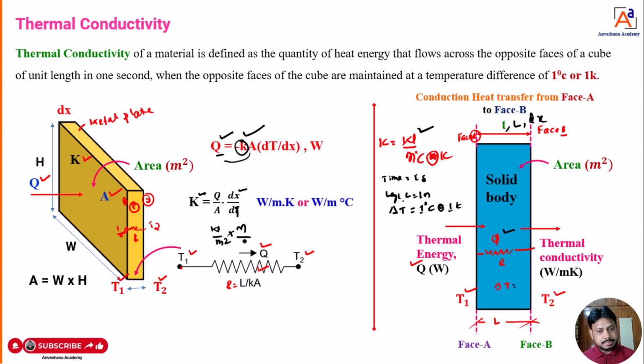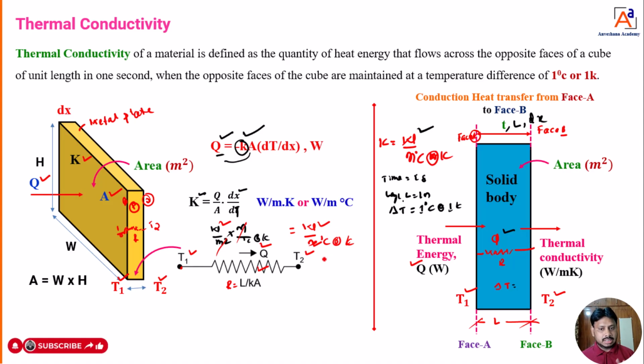Then change in temperature may be in degree Celsius or Kelvin. So I will cancel meter square and meter square, and then only watt is left at the numerator. Then watt per meter degree Celsius, or you can take Kelvin. That means thermal conductivity is nothing but the amount of heat transfer for unit length, for unit degree Celsius temperature, for unit time.